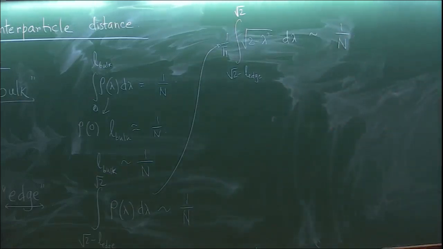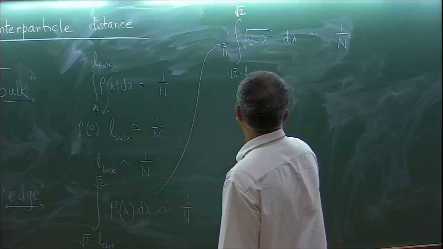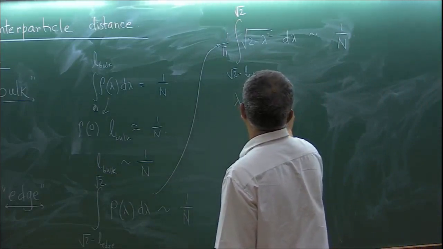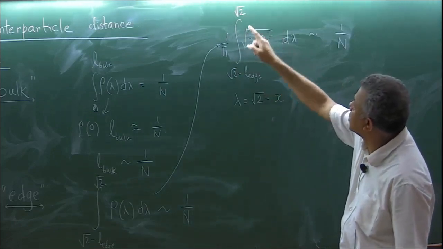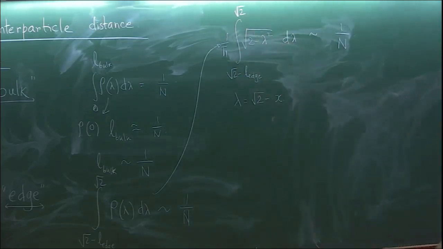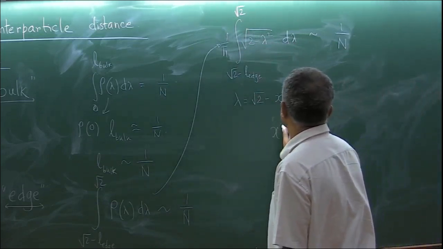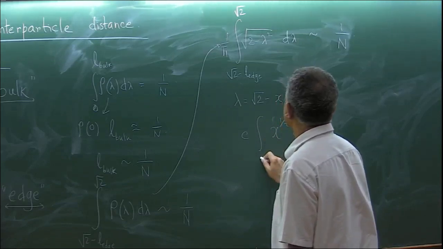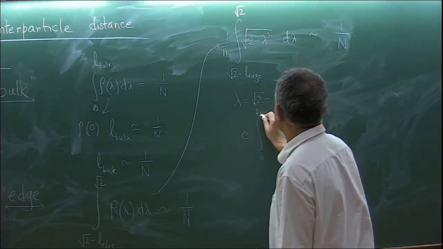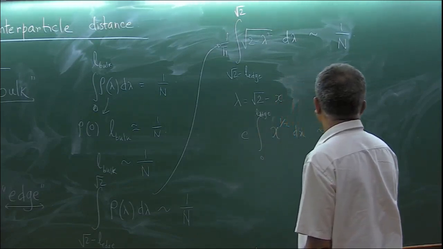Of course, I can make a change of variable here: call lambda equal to root 2 minus x. And x has to be small, because both the limits are close to lambda equal to root 2. If you just do this, you see that this will be x to the power half, up to some constant, dx, from 0 to L edge, which will go like order 1 over n.